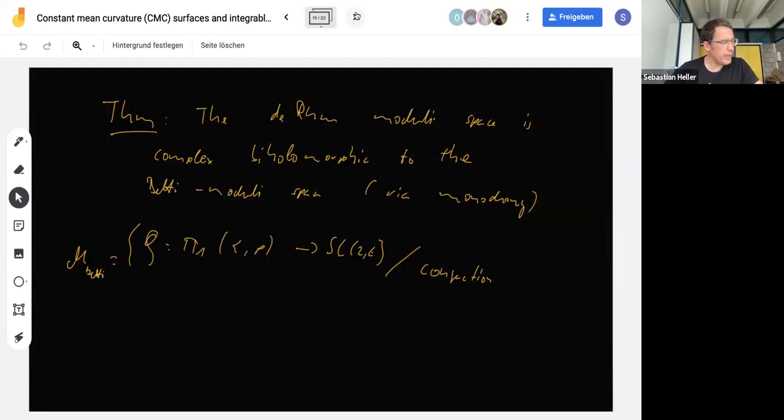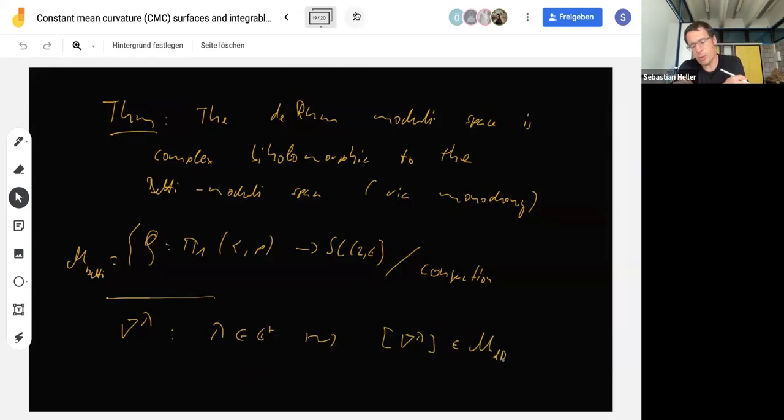So what we will do tomorrow is to see how we can describe curves into these moduli spaces. So we have the family of flat connections nabla lambda for lambda in C star, and this gives a map: lambda in C star maps to the gauge class of nabla lambda, or the corresponding monodromy representation up to conjugation.